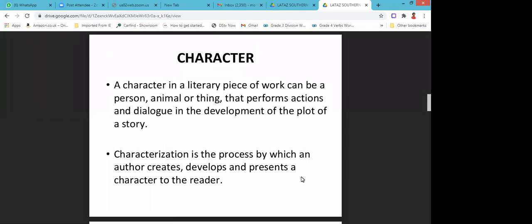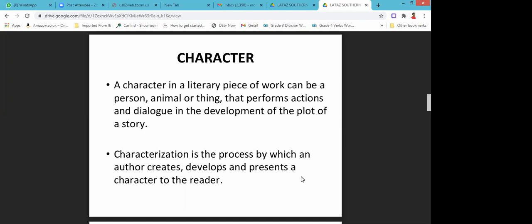Characterization is therefore a process by which the author creates, develops, and presents a character to the reader. So he does this through, like we said, the actions and the dialogue.